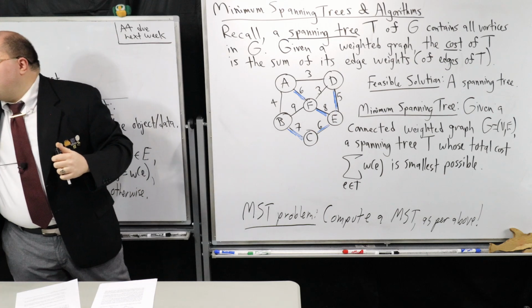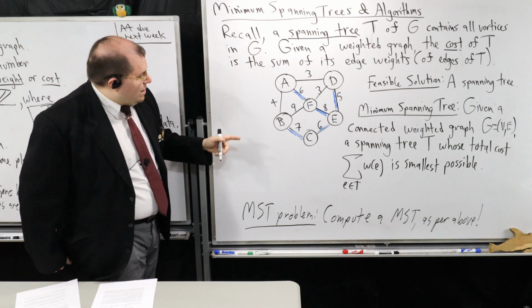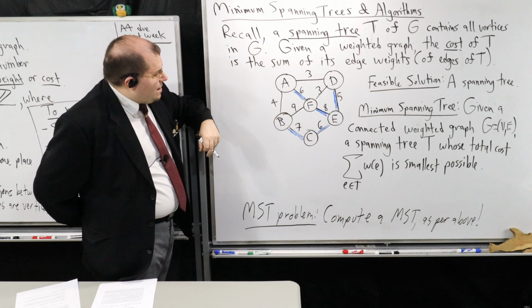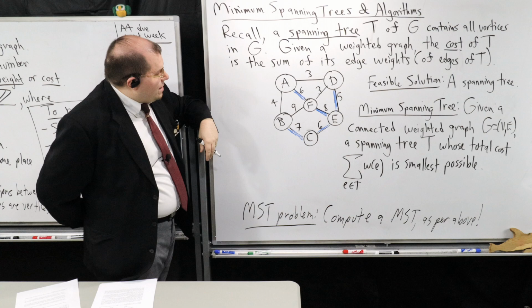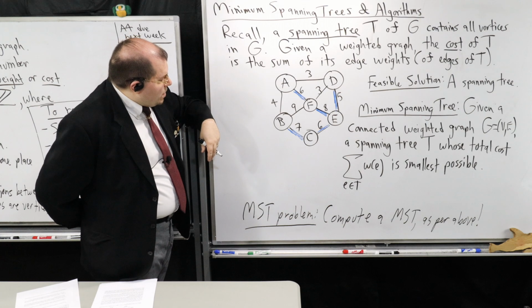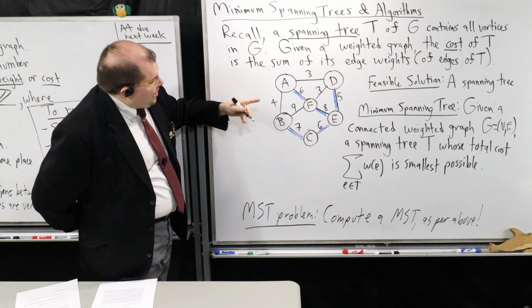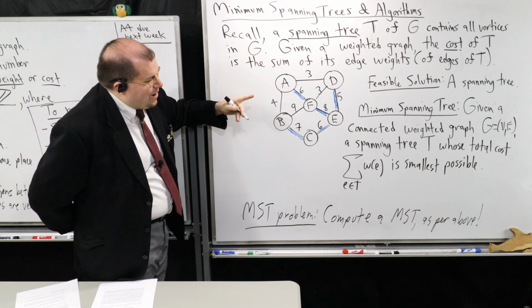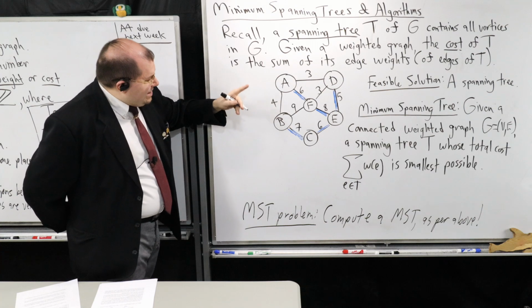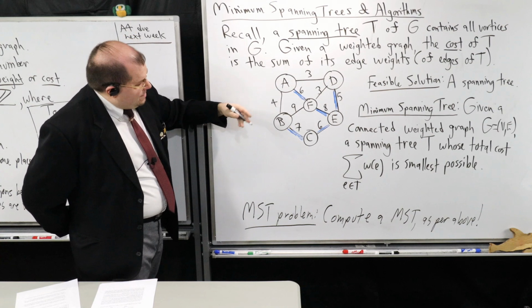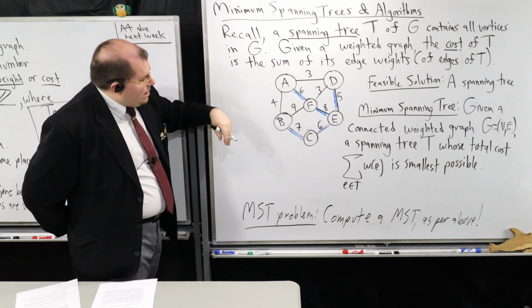So let's see, we got 32 so far. Let's see, 6 plus 8, that's 14. Then plus 5, that's 19. Did I include that 5 when I started adding this? Let's see, 6 plus 8, that's 14. Plus 5, 19. Plus 6, that's 25. And then, yeah, that's 32.